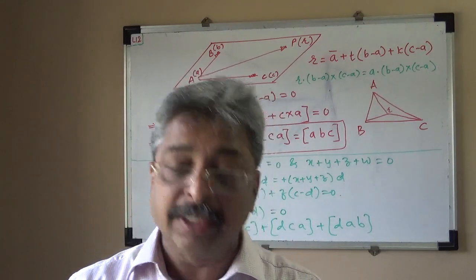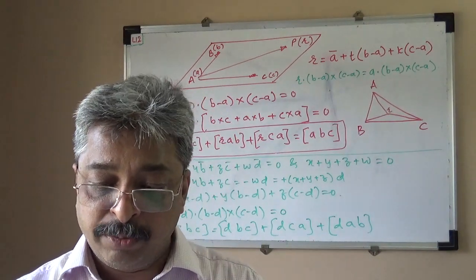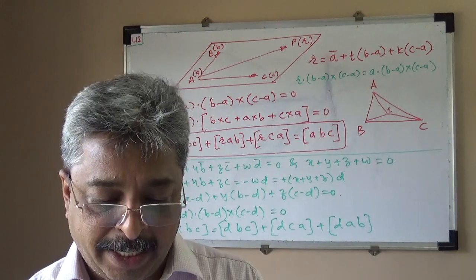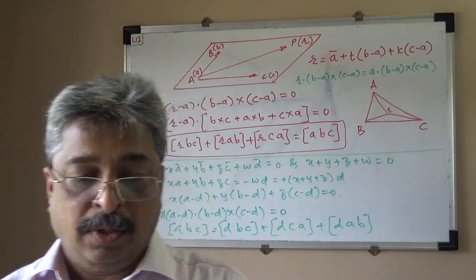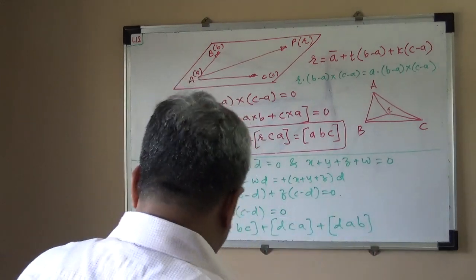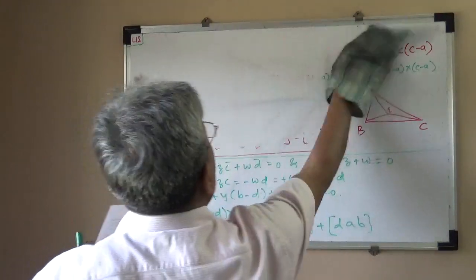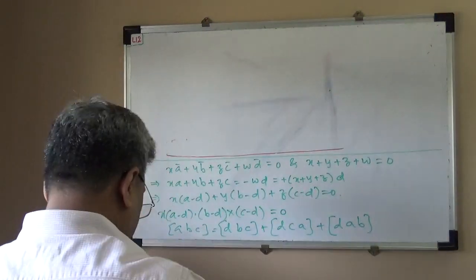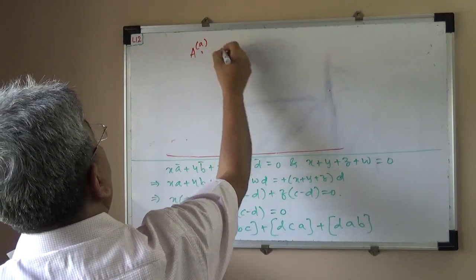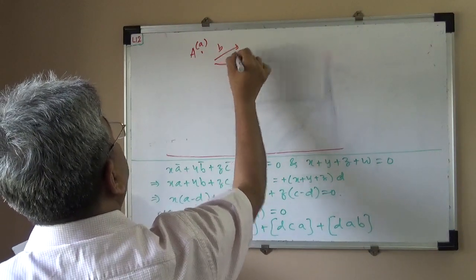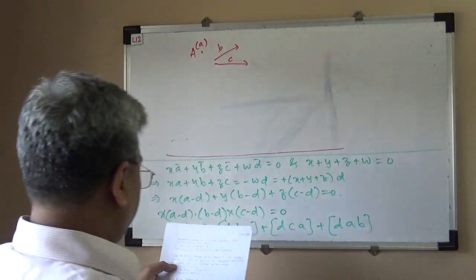Now the next thing, which is absolutely simple to prove, is the equation of a plane through a given point A with position vector small a and parallel to the given vectors B and C. Using the scalar triple product, we are supposed to find the equation of the plane passing through a given point A, with two vectors B and C given. The plane should be parallel to these vectors.